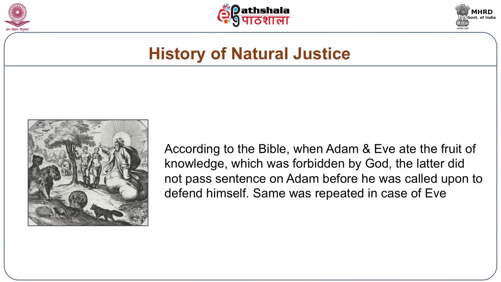So the English, in the process of institutionalizing natural justice in the 17th and 18th century, often referred to this basic biblical story to say, look, even from the very moment of creation, God employed the principles of natural justice by calling each accused party to appear and speak and defend themselves prior to passing judgment upon them.